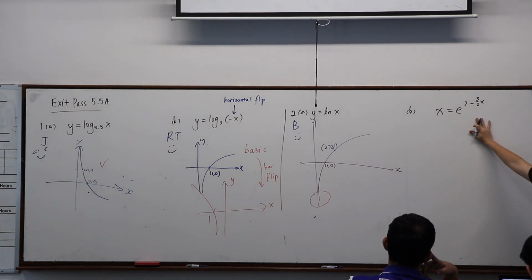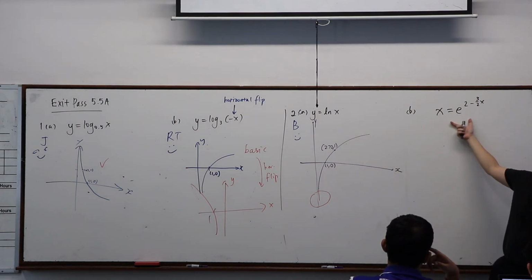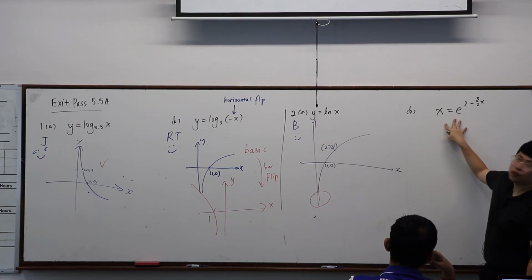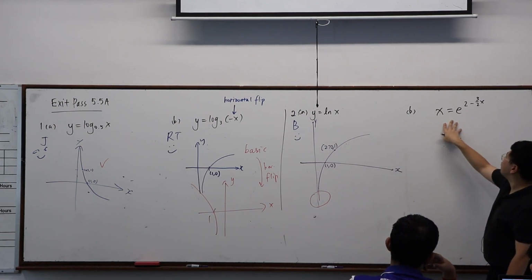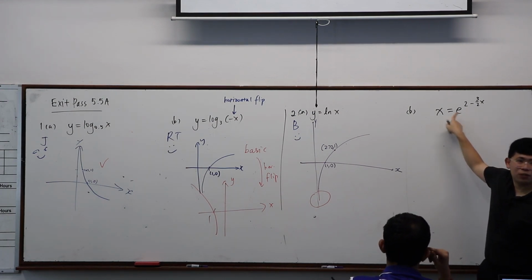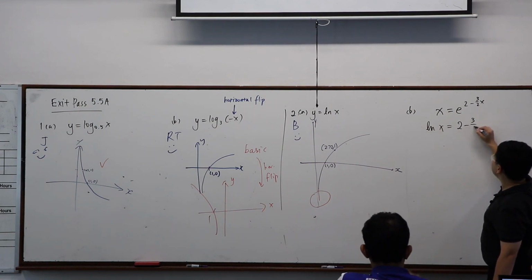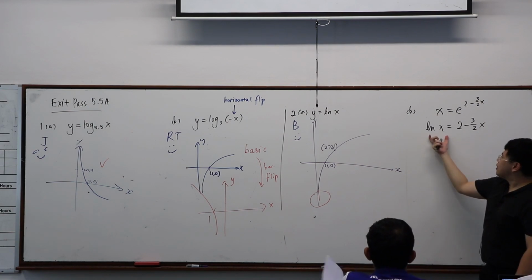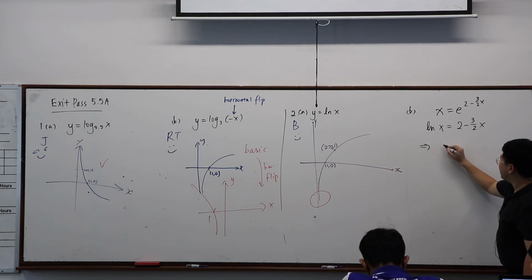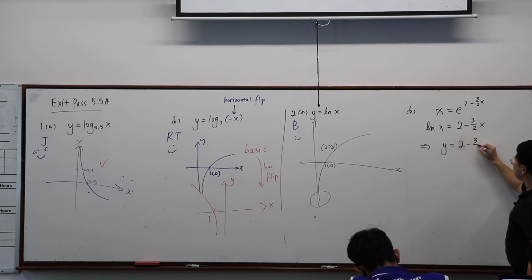In the same way, we need to get the ln x from this equation. How do we get the ln x from this equation? This is base e, so I will throw the base e to the other side. So ln x is equal to 2 minus 3 over 2x.